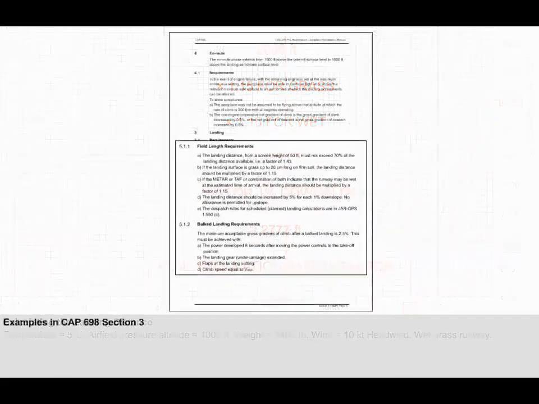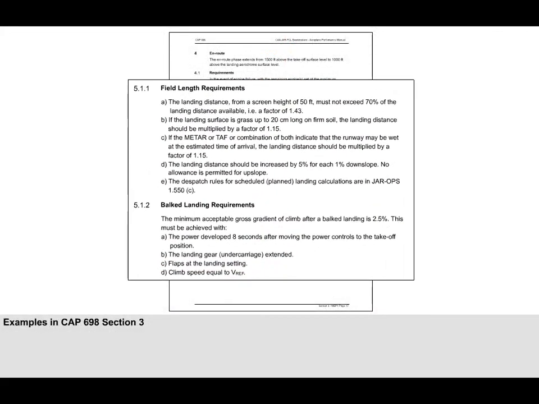3,971 feet. Before this lesson ends, let us briefly look at the pages in CAP 698 regarding the multi-engine Class B aeroplane for landing. Page 17 and 18 of Section 3 detail the landing distance requirements and climb gradient requirements that we have already examined.